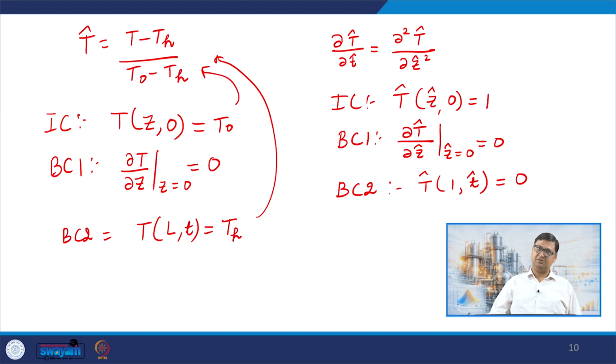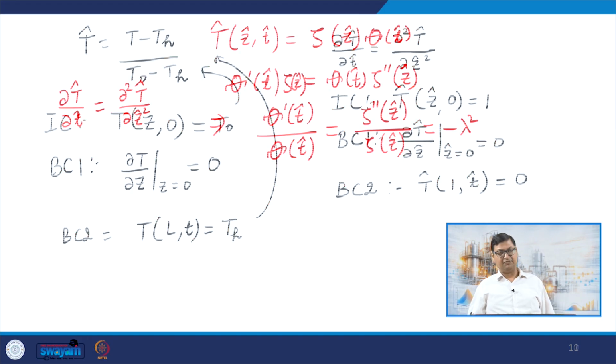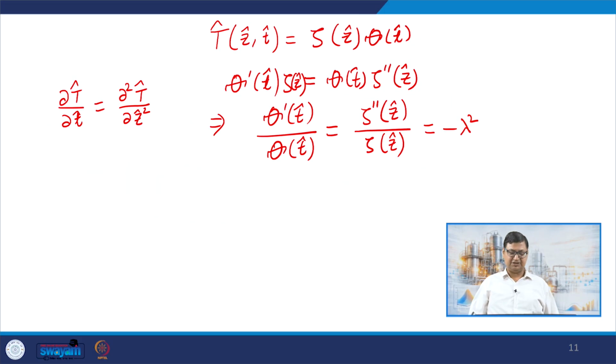The slab temperature will become equal to Th, and T cap will go to 1. T cap will go to 0, right? So the same thing is happening. T cap is going from 1 to 0. So theta(t) is decreasing. So theta prime(t), that is d theta by dt, that is negative, and therefore I have set it equal to minus lambda square, where lambda is a real number.